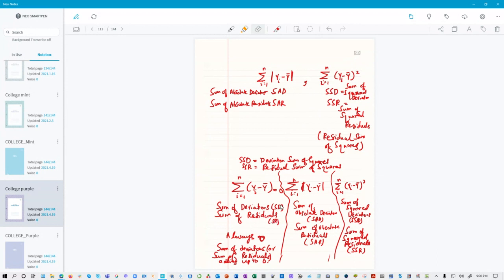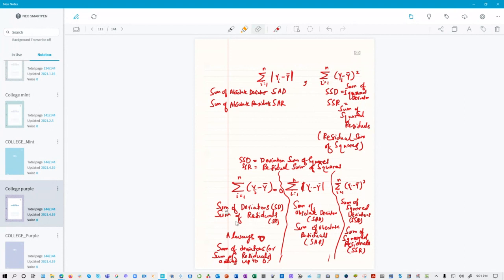See, always zero. Sum of deviation or sum of residual, adding up to zero, see, zero. That's why as a remedy we took the absolute. Then you got the sum of absolute deviation, or you're going to square. This time you're going to get the sum of squared deviation.